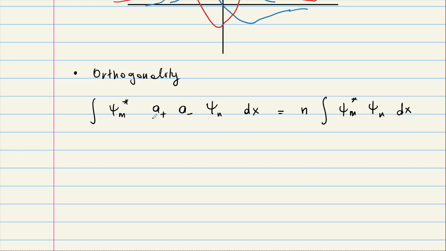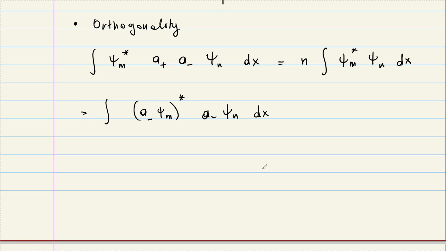But what I can do is I can also hit on this side. Let's do it in two steps. This is equal to, so this a plus going here is a minus acting on psi m star, and this is a minus now hitting on psi n dx. And let me do one more step.